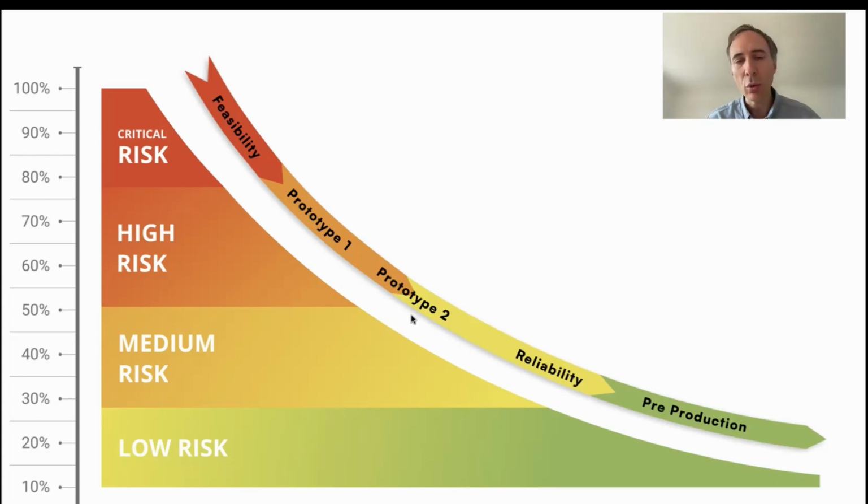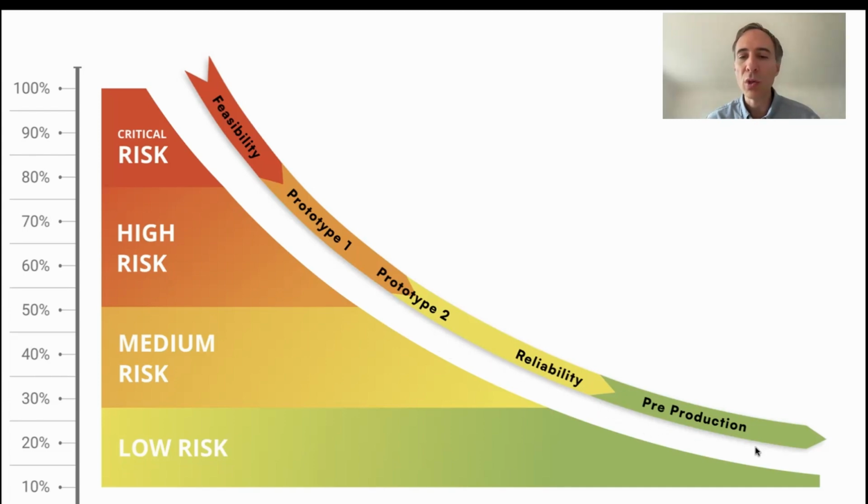But as you go, you chip away at the risk. And at one point, you validate the product design through reliability and environmental testing. Then you go into pre-production pilot runs and then into mass production, right? So you actually validate the process design for manufacturing, for testing, you validate all this.